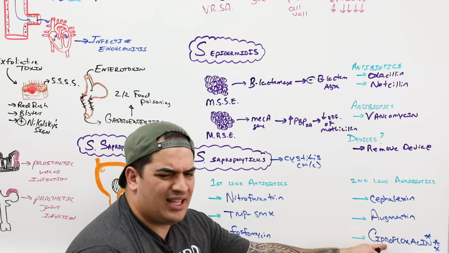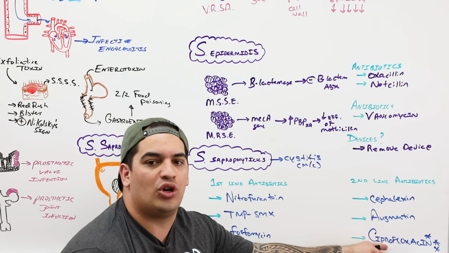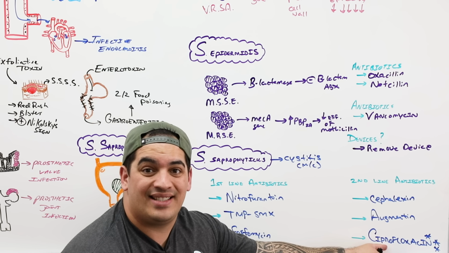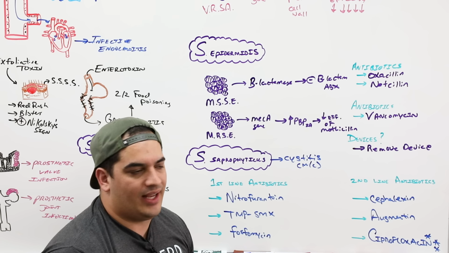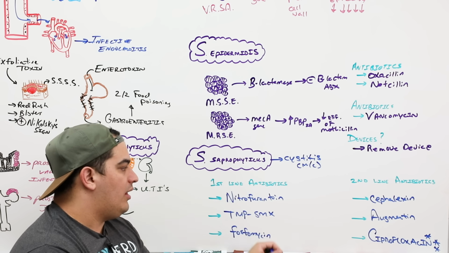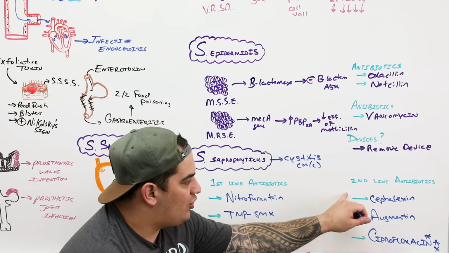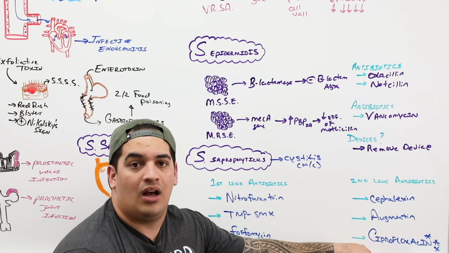There's also lots of resistance for this drug in certain populations. So ciprofloxacin is only reserved for very resistant cases of urinary tract infections. So again, the big thing to remember here, for Staphylococcus saprophyticus, these are the first line antibiotics. These are your 2 second line, and this is for more of your resistant or chronic cases of UTIs.